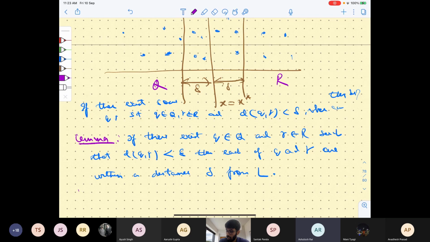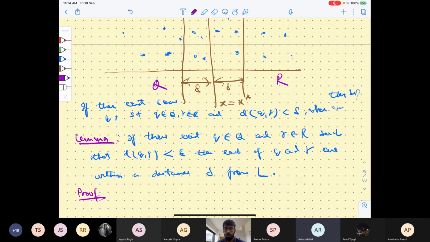So what is the proof? Anyone? It's not that hard. If any one of those points were more than delta distance away, then it would automatically make the distance more than delta, because the difference in x coordinates would be more than delta. Exactly.